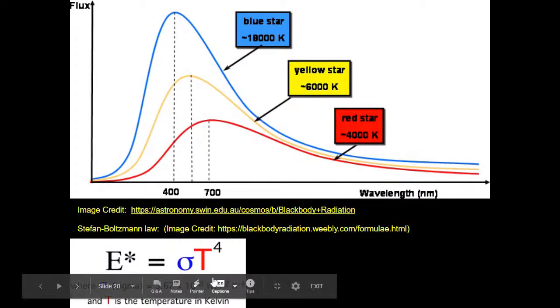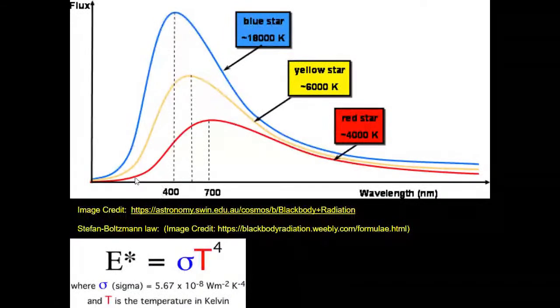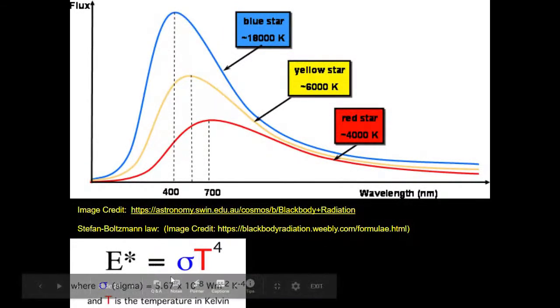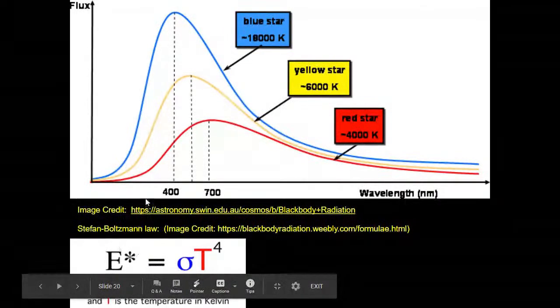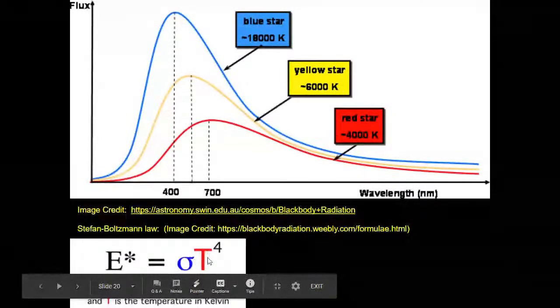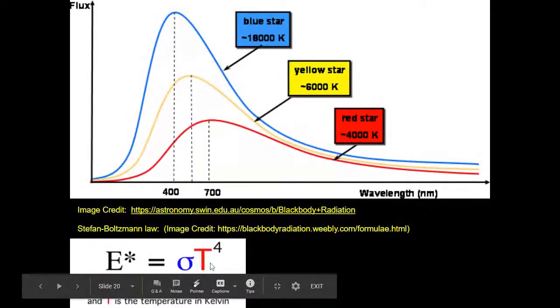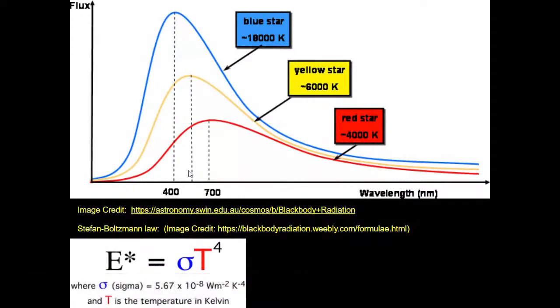And we also know from the Stefan-Boltzmann law that the intensity integrated over all wavelengths is a function purely of the temperature for the black body spectrum, and it goes as sigma multiplied by the fourth power of the temperature, where sigma is the Stefan-Boltzmann constant.